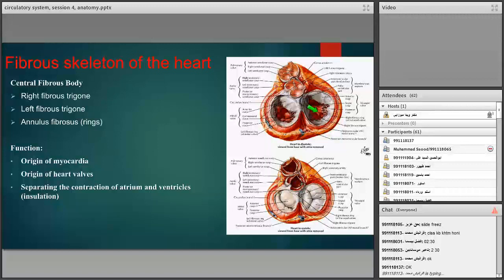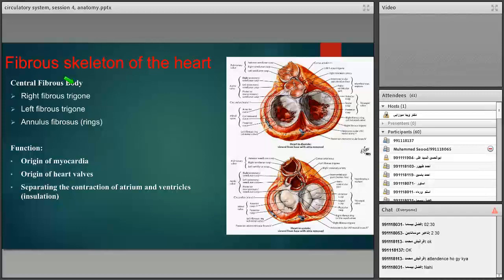The fibrous skeleton of the heart, or cardiac skeleton, has a main central part which is called the central fibrous body.